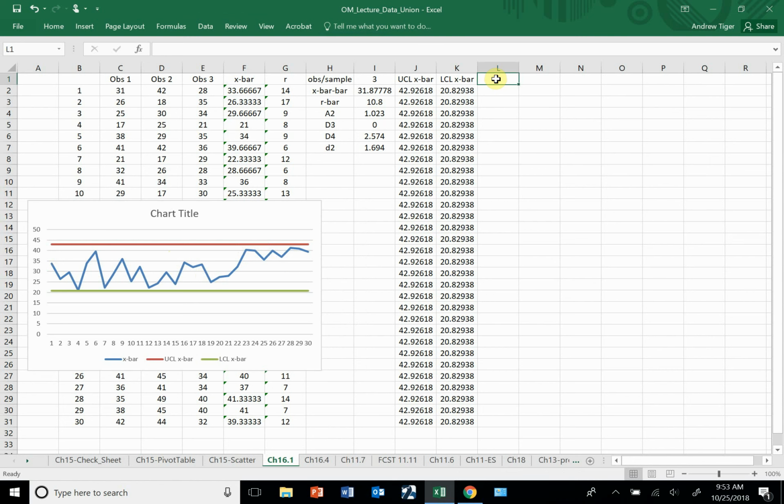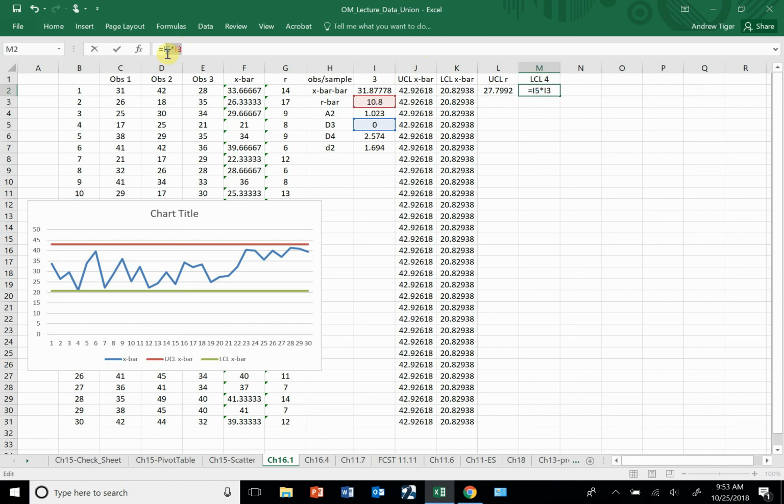But we're not done. We also have to calculate the upper and lower control limits for the R chart. The upper control limit formula is equal to D4 times R bar. These are formulas in the book. The lower control limit is equal to D3 times R bar.